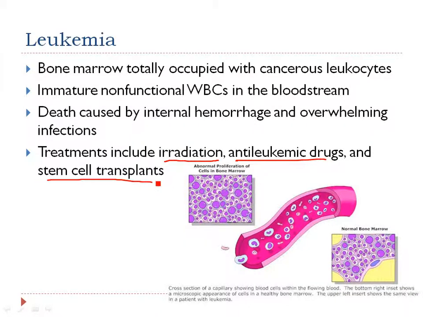And in really severe cases, what they do is they go in and they use radiation and or drugs to completely kill all of your bone marrow, and then they do a stem cell transplant or a bone marrow transplant where you receive new bone marrow from a donor, and then those stem cells, those hemocytoblasts, if you have a good tissue match, they're able to regenerate from those cells dividing and specializing your red blood cells and your platelets and your white blood cells as you need them. Of course, that's a very drastic type of therapy to have to undergo.